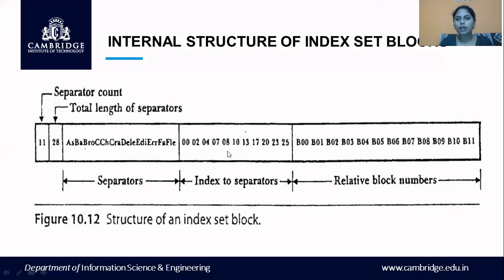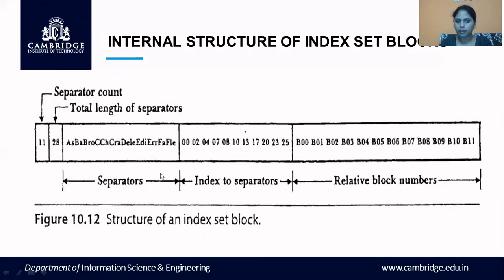Next, these are the index to the separator. Each separator has an index, and that index is saved here. The next is relative block numbers, which tell in which block the separator is actually present.